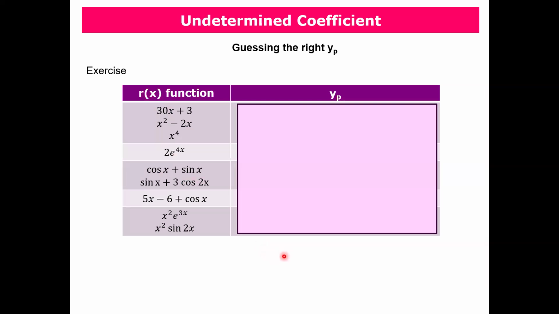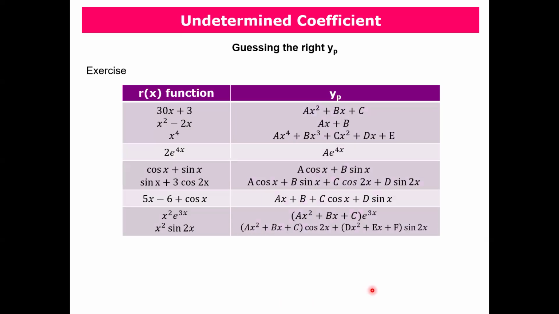Now let's do a simple exercise to guess the right YP for these functions. If you want to do the exercise on your own, please first pause this video, do it, and continue watching, okay? Okay, so this is the answer for the YP of the given function.